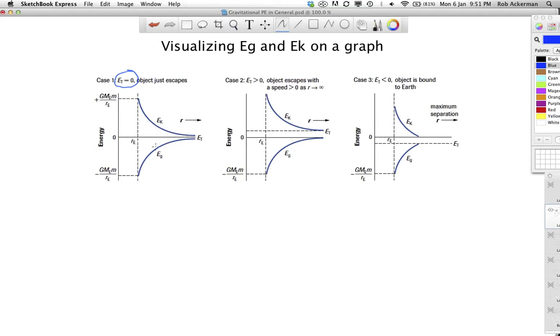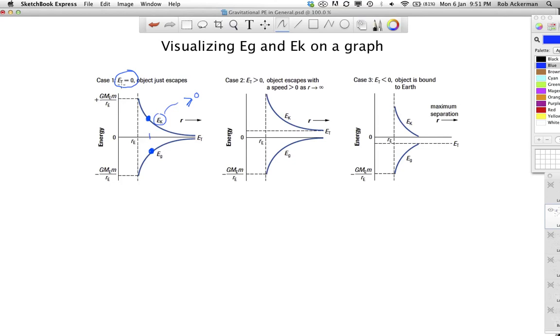Therefore at any given time, the negative value that Eg has at a certain distance from the center, added to the positive Ek value, remember, Ek values are always positive, always greater than or equal to 0. You can't have negative Ek because of the v squared term. These two are always going to add to 0. And so this is a graph of what it would look like to have just the right speed and energy to escape, but not have any energy left when you get there, to wherever you're going.